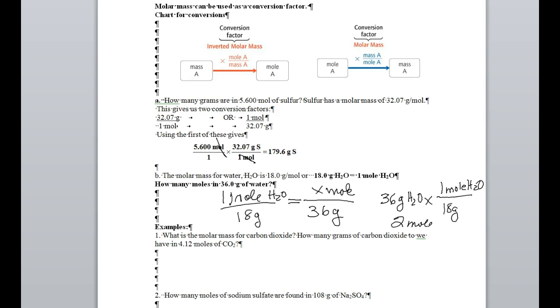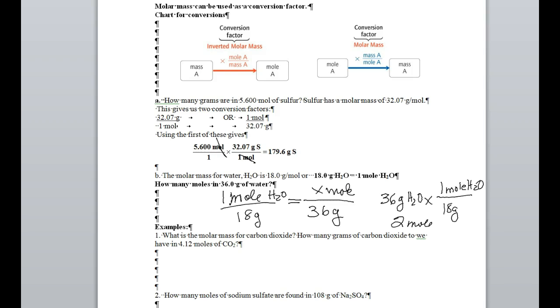Oh, 1. I can't write on this board. 1 mole of water per 18 grams. And then I put X moles. I should have put water up there. Is 36 grams. So either way, I'm going to end up cross-multiplying and dividing.